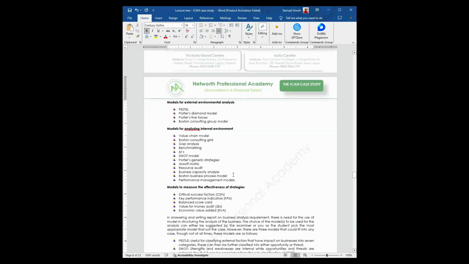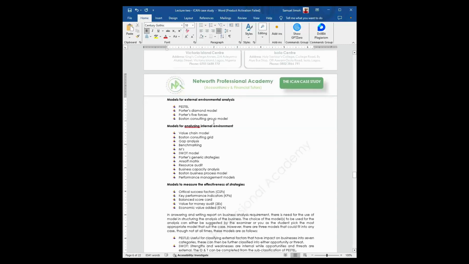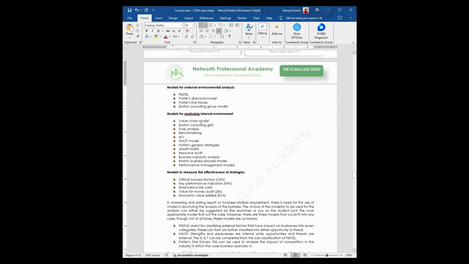We have models to analyze the external environment of organizations. We have the Pestel model, the Porter's Diamond model, the Porter's Five Forces model, and the BCG model. We also have models for analyzing the internal environment.